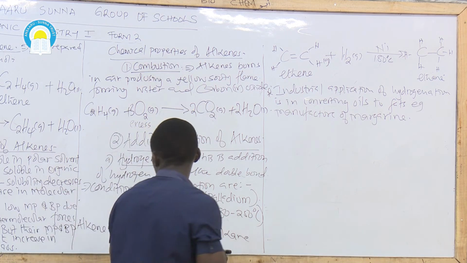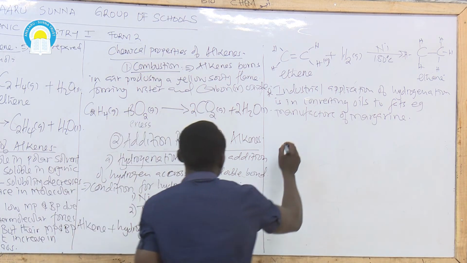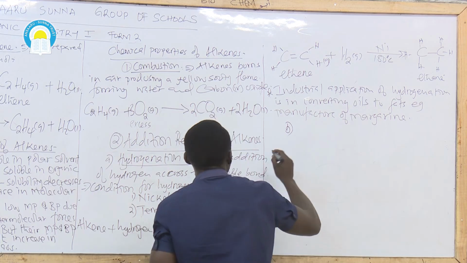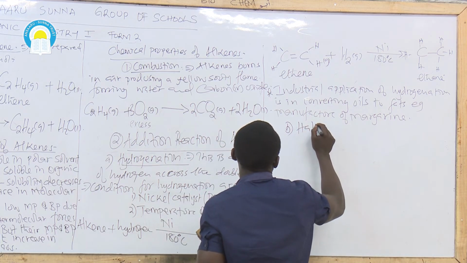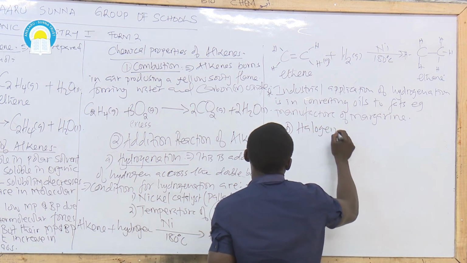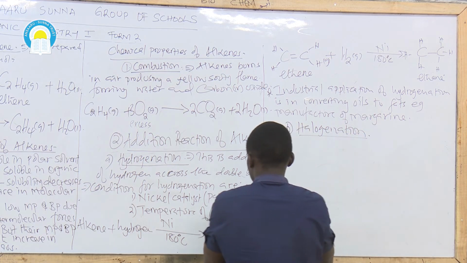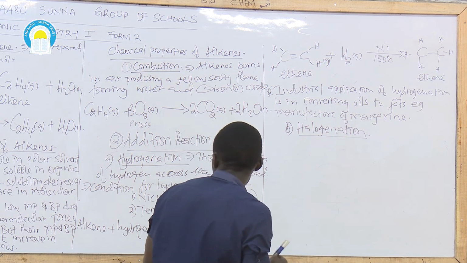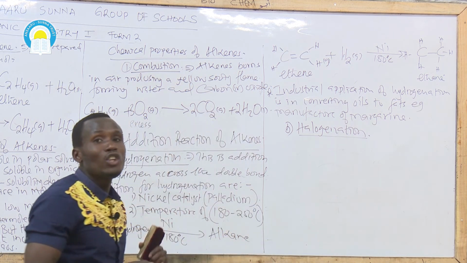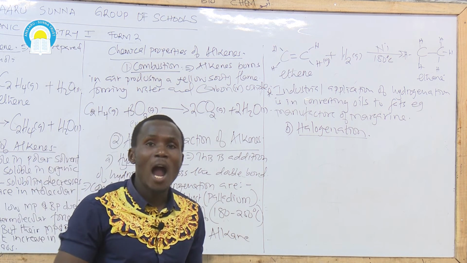Then the next one, B, is halogenation. Halogenation is another addition reaction. Halogenation is from the word halogen.